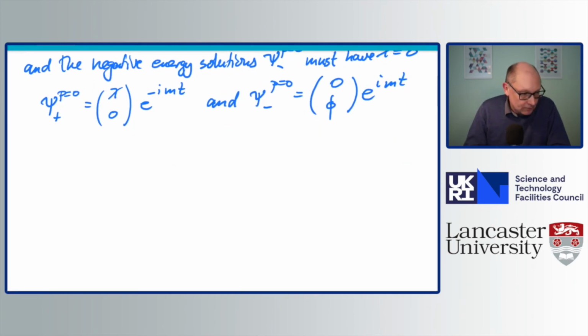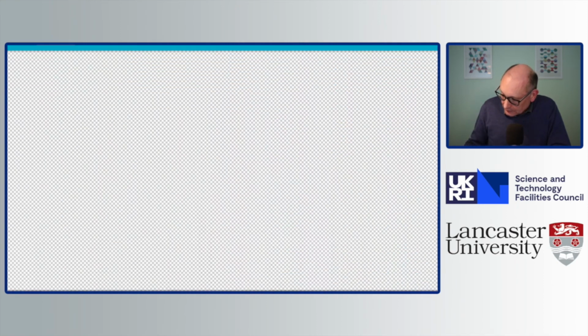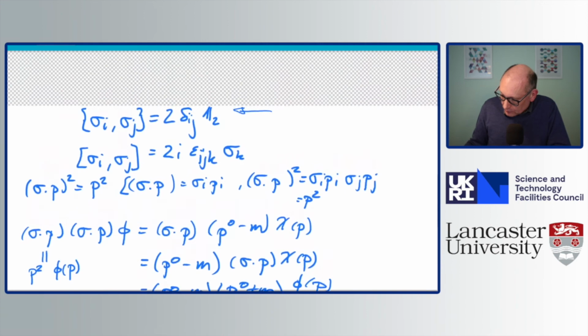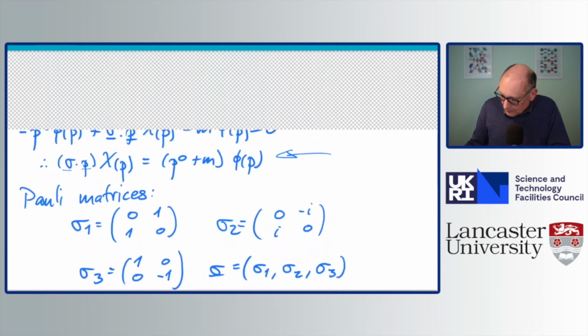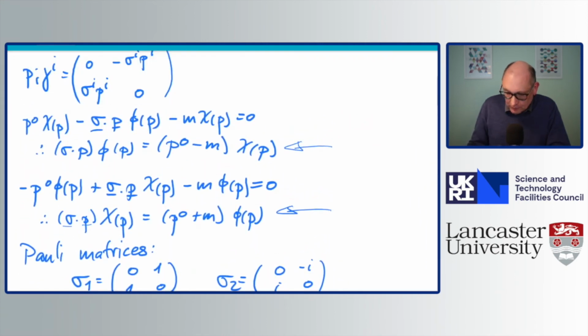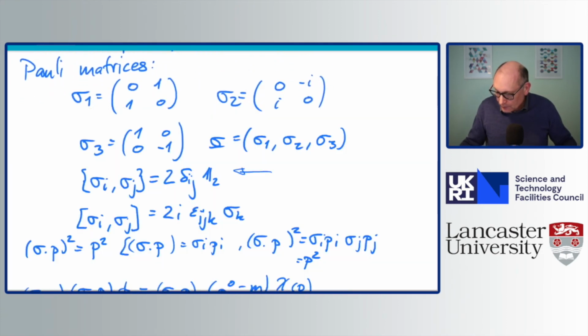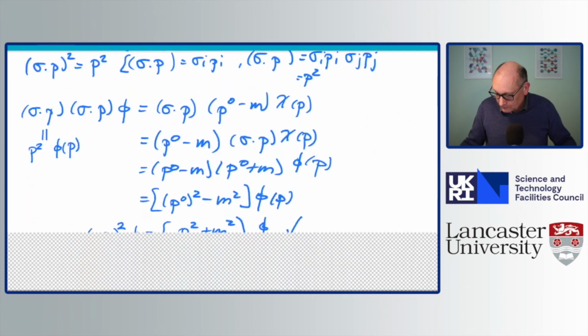If they are not at rest, the solution is still dictated by what we found up here, that sigma dot p phi must be p naught minus m on psi, and sigma dot p on psi must be equal to p naught plus m on phi. So they dictate the solutions when the momentum is different from 0.